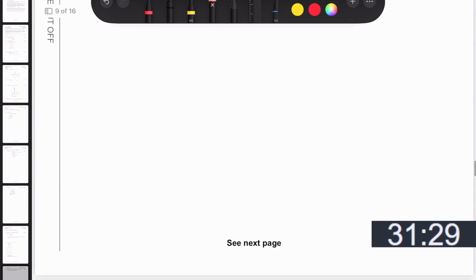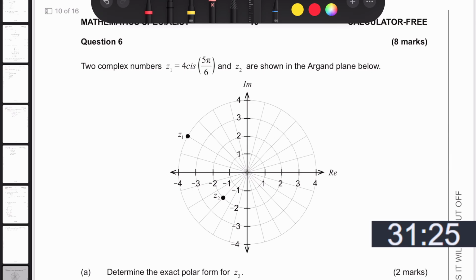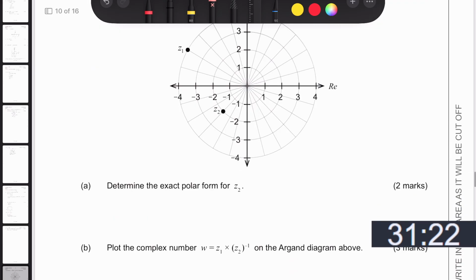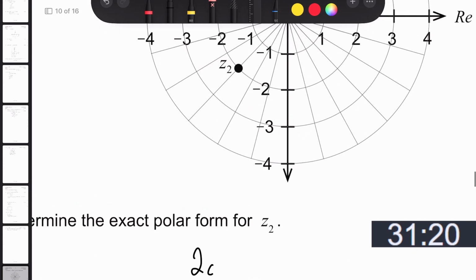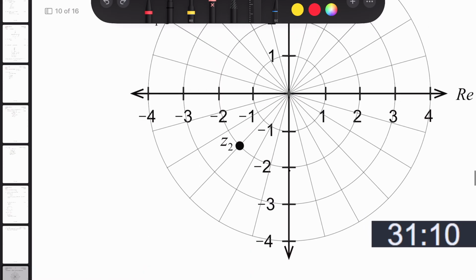Okay. Two complex numbers, 4 cis 5 pi on 6, are shown on the diagram. Determine the exact polar form for Z2. So the magnitude is 2 cis of, and this is 1, 2, 3, 4, 5, 6, so it's 12. We've gone 1, 2, 3, so we are 9.